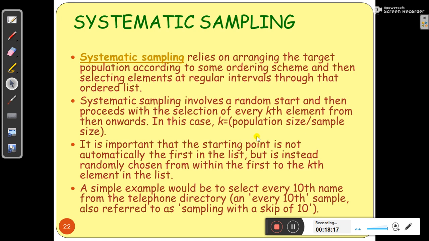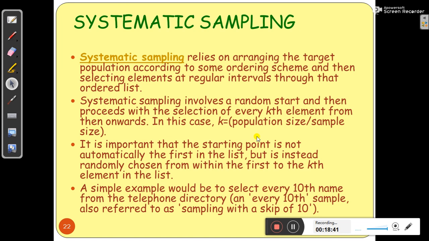Systematic sampling involves a random start, then proceeds with the selection of every kth element from then onwards. So suppose we start with a random selection initially, then we go for a selection of every kth element from then onwards.